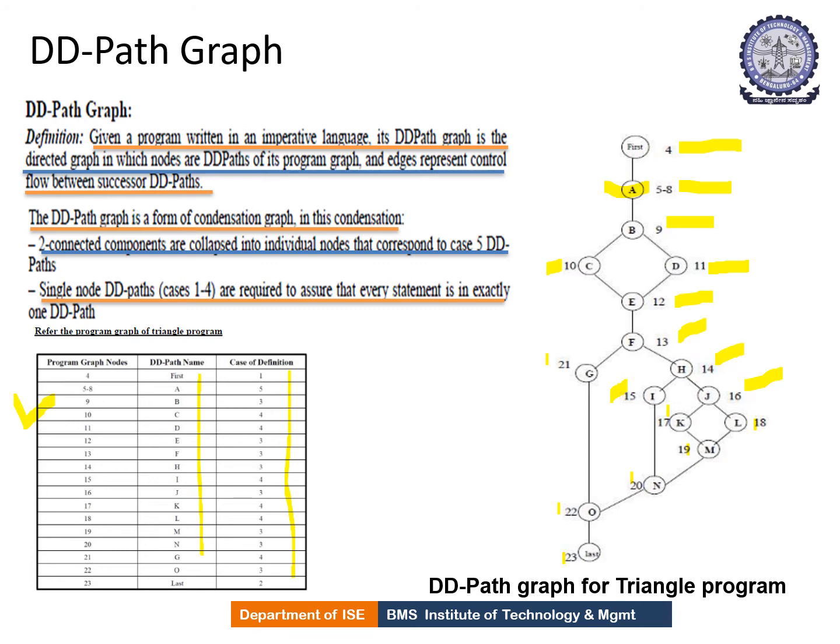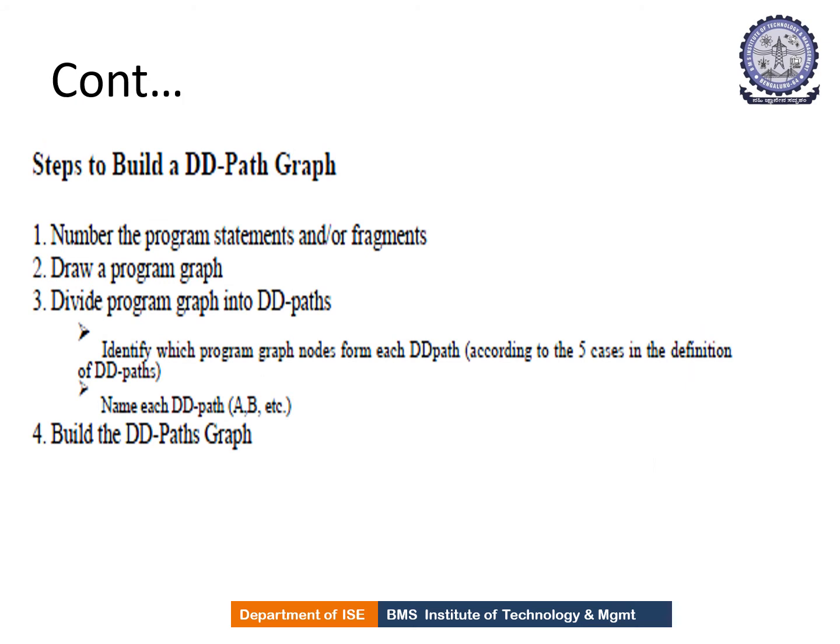Case number 4, can you recall? It is the single entry single exit case. And case number 5 we call the maximal chain greater than or equal to 1.